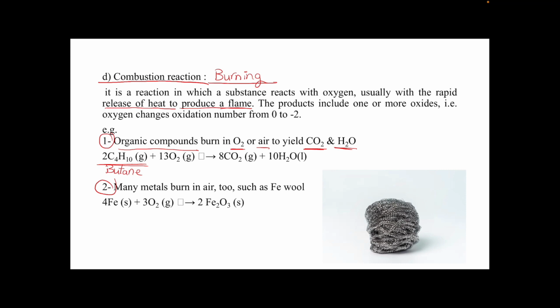In the stoves, the natural gas is usually butane. Butane is an organic compound made of 4 carbon atoms with 10 hydrogens. It burns in air, in the oxygen of air, to form carbon dioxide and water.